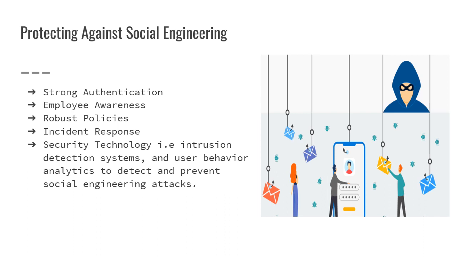Whenever it happens, there should be a response so that the information shared is known and the damage does not become dire. Security technology such as intrusion systems is out there and is really good at preventing these things, along with user behavior analytics to detect and prevent social engineering.